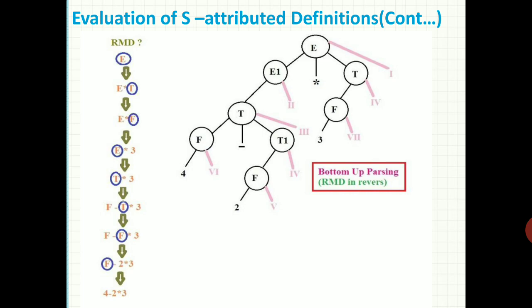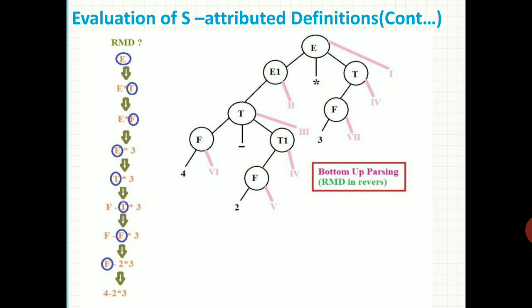To get the expression 4 minus 2 star 3, we are starting from the non-terminal E, then we will expand the rightmost non-terminal. That is, here only one non-terminal is E, we will replace that E by E star T.